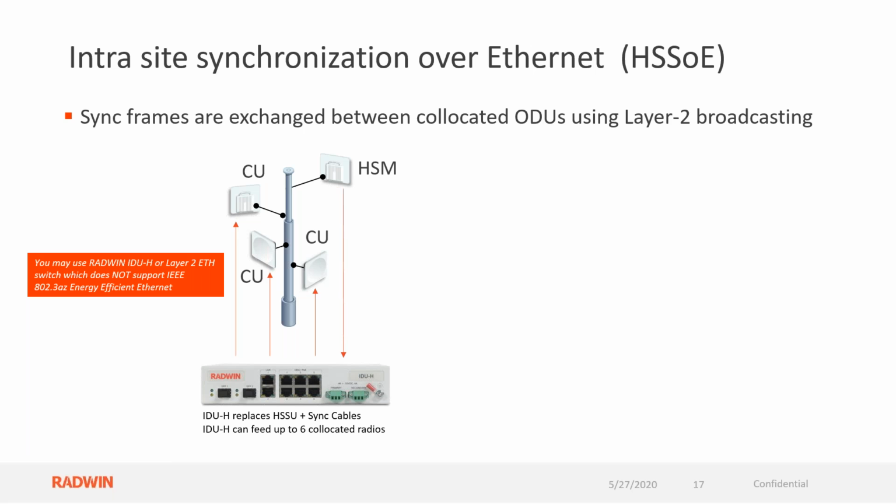You may use RADWIN IDOH or a layer 2 Ethernet switch to support the synchronization. You can use IDOH or any layer 2 Giga Ethernet switch like the IDOH, and now we are coming with IDOS, which is a configurable layer 2 switch. Sync frames are exchanged between collocated radios using layer 2 broadcasting.